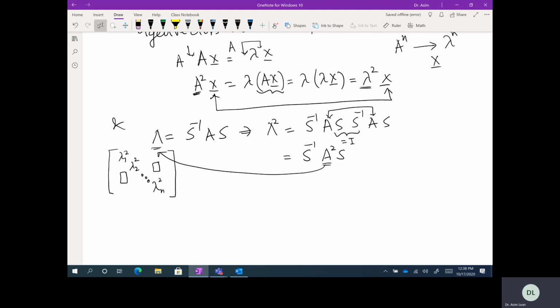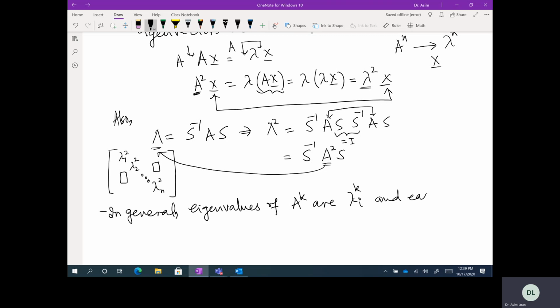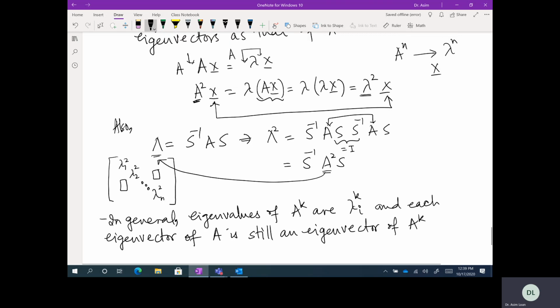So in general, the eigenvalues of A^k are lambda i to the power k, and each eigenvector of A is still an eigenvector of A^k. This is what we said over here.